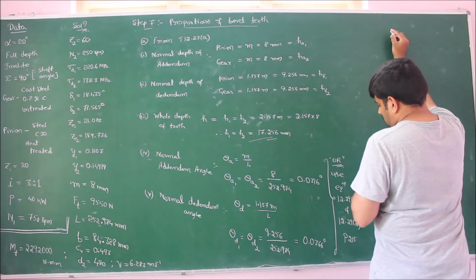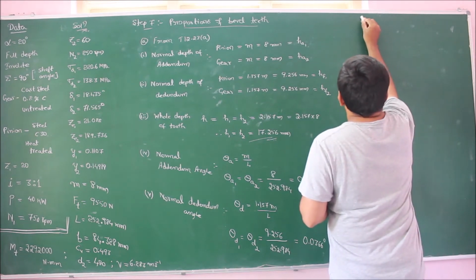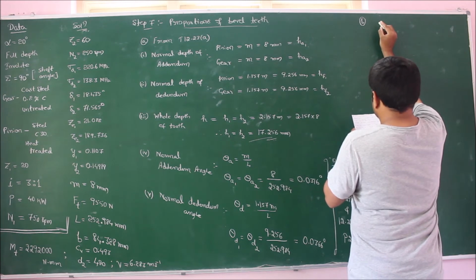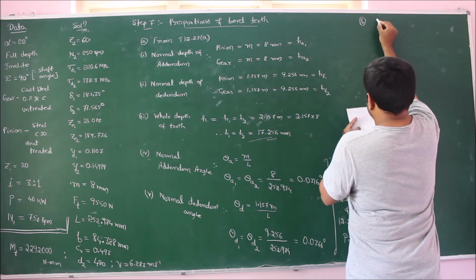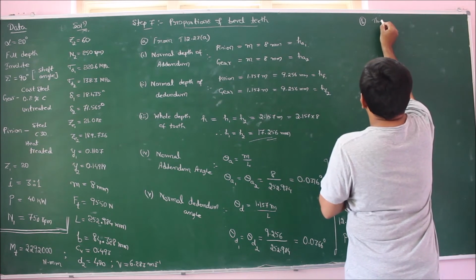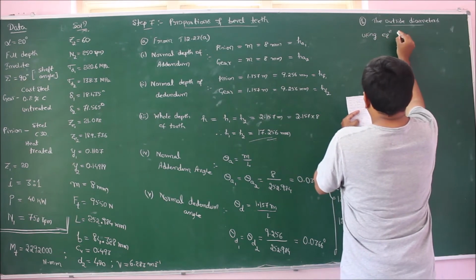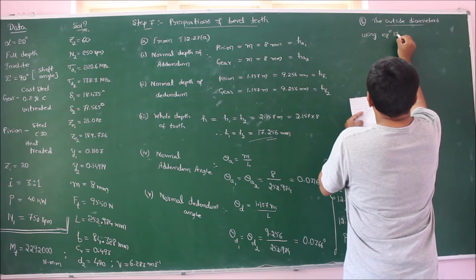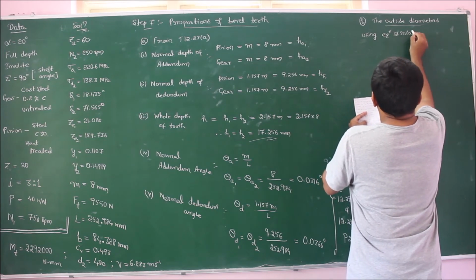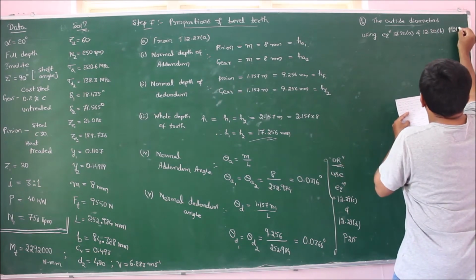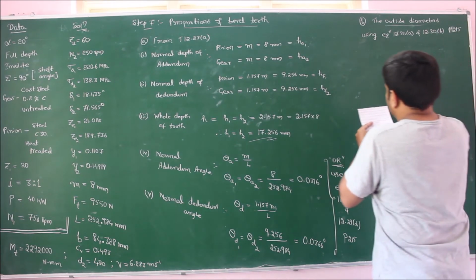So coming to the next dimensions, that is the outside diameters, using equations 12.30a and 12.30b of page number 215.